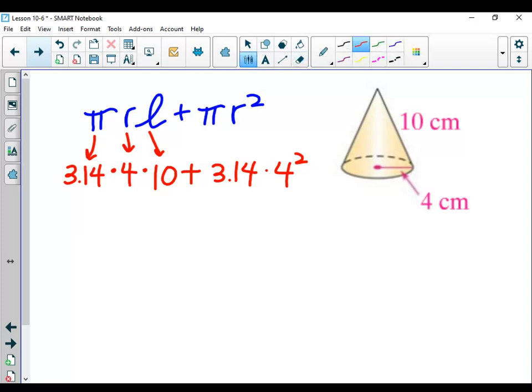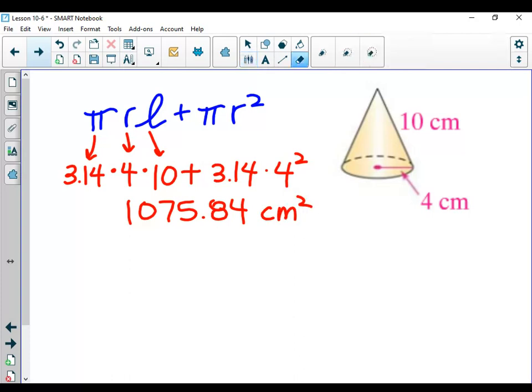I got 175.8. Pi r squared sounds like area to me. How did you get that? I got 175. Other people are getting this?